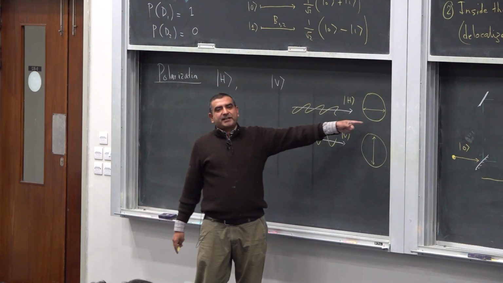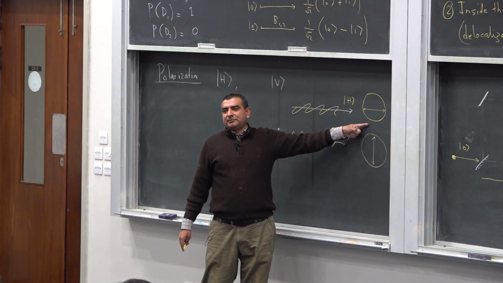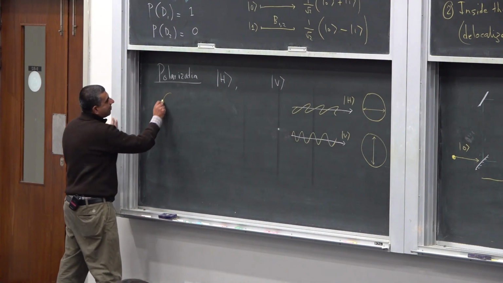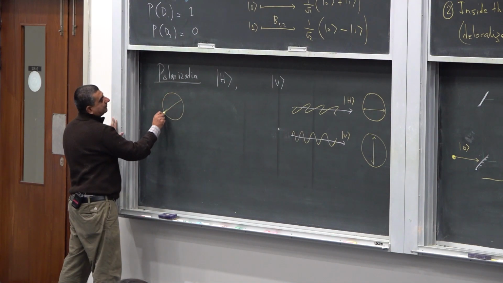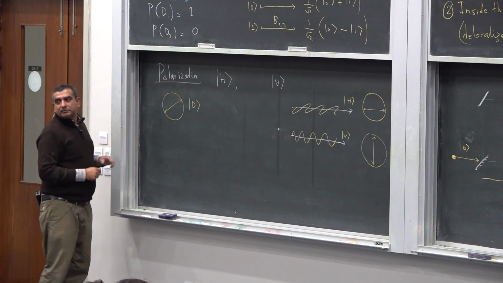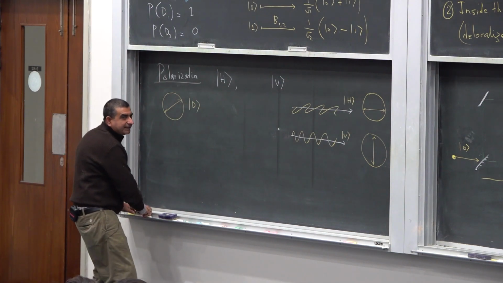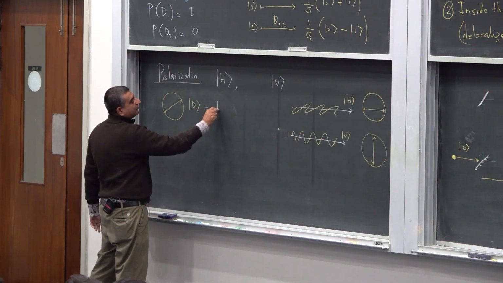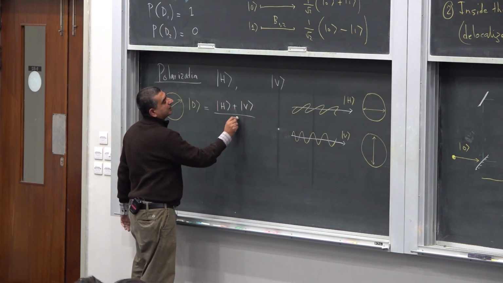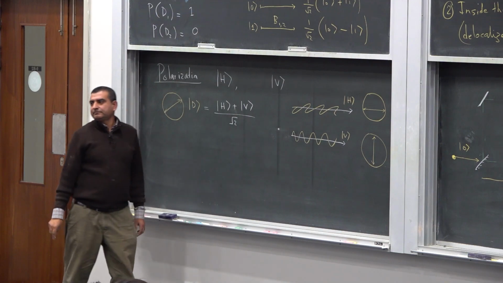So if I call this ket H, I call this ket V. For diagonal, let's give it a symbol as well, D. This D is a superposition of horizontal and vertical polarization states, correct?